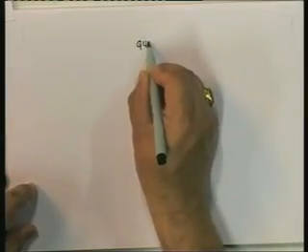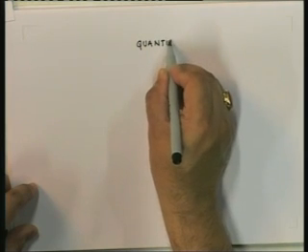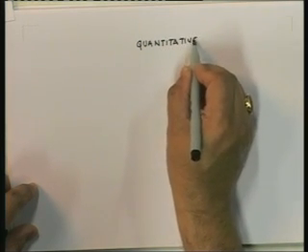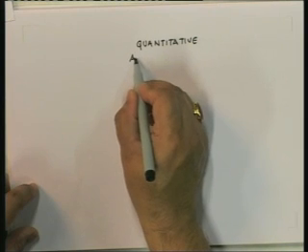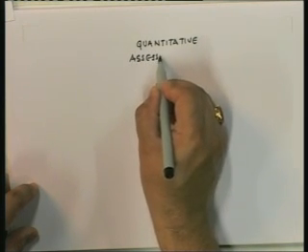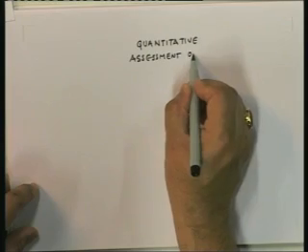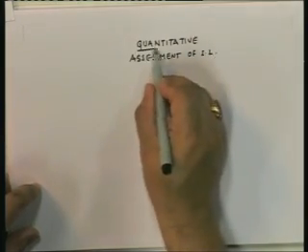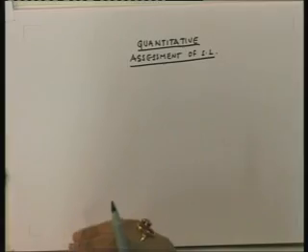Now the question comes, how do I quantitatively assess it? What do I need to do for the quantitative assessment of influence lines? Remember that the only way you can do quantitative assessment is by using the direct equilibrium approach.